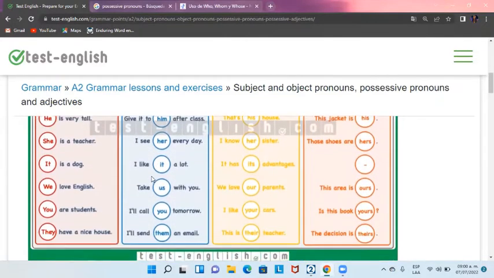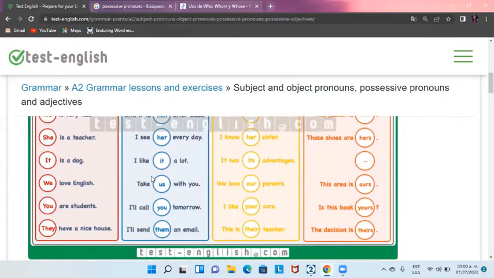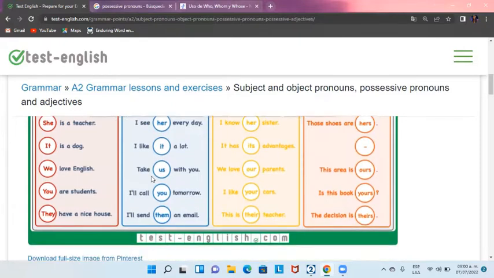We can say, for example, they are really good people. Ellos son buenas personas. Y puedo decir, I like to go out with them. Me gusta salir con ellos. Aquí la diferencia es que la acción en la segunda oración ya recae sobre ellos.